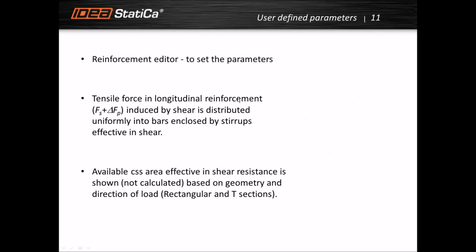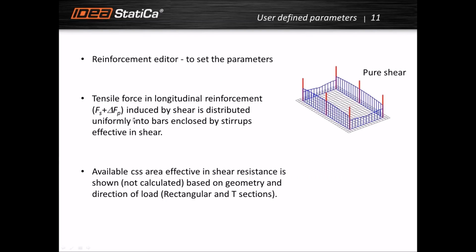If we go to the next point here, there is also the assumption in the program that the tensile force in longitudinal reinforcement caused by the shear is distributed uniformly into the bars which are enclosed by stirrups effective in shear. This is also something which is under discussion.